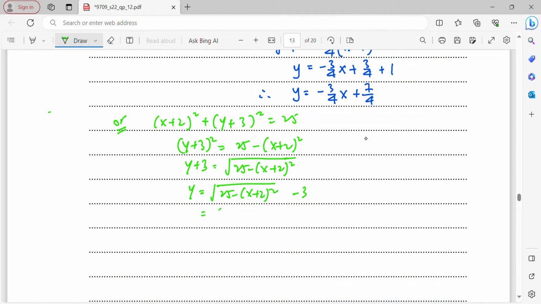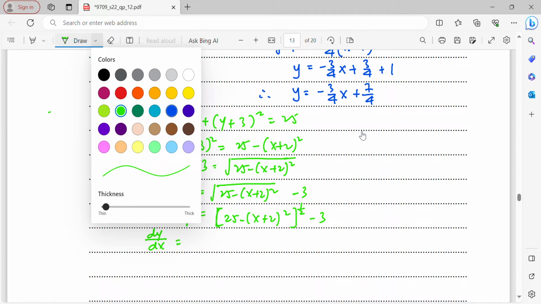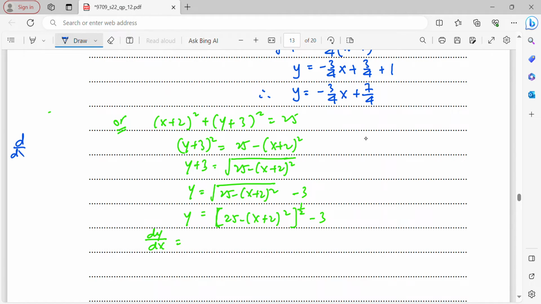So you can change this to degree half. Change the first term to degree half first. So now my dy dx, but you need to differentiate this form, right? So differentiate f x to the power of n. It will be n f x to the power of n minus 1, then f prime x. This is a power rule.